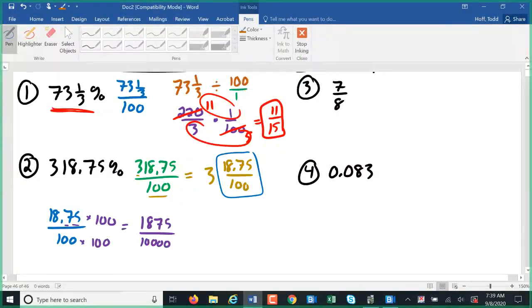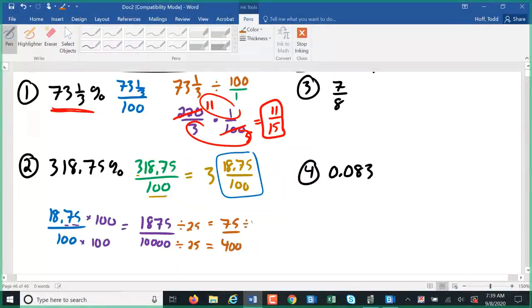Both of those, the 1,875 and the 10,000, can be divided by 25. 1,875 divided by 25 is 75. Is that right? Yeah, that's right. 10,000 divided by 25 is 400.